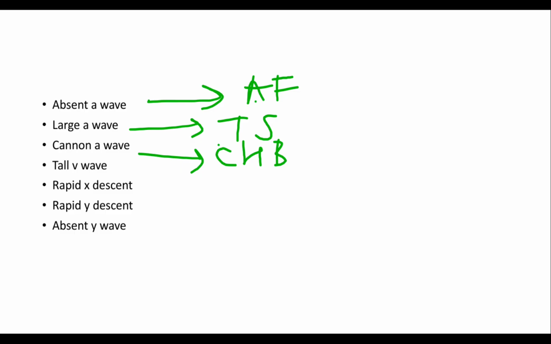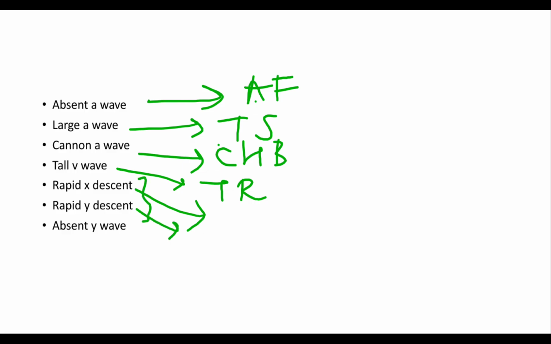Okay. Tall V wave. Now, tall V wave is due to volume filling. So when there is overwhelming volume in the right atrium due to a regurgitant lesion of the tricuspid valve, you can get a tall V wave. That is in tricuspid regurgitation. Now, what about X descent, rapid X descent, and rapid Y descent?